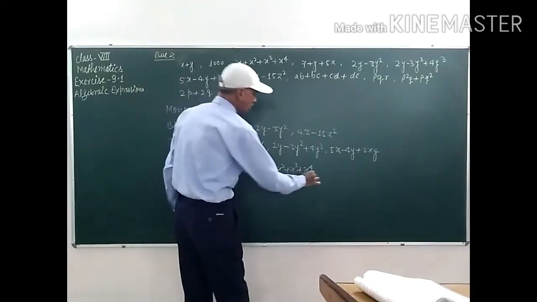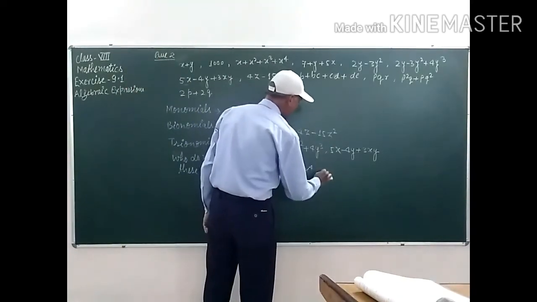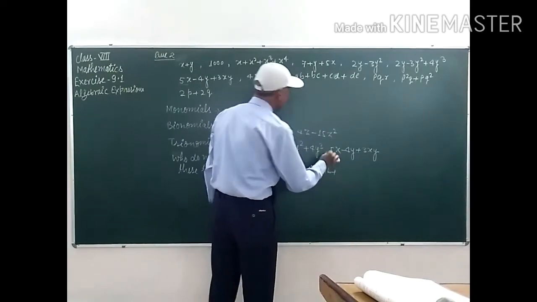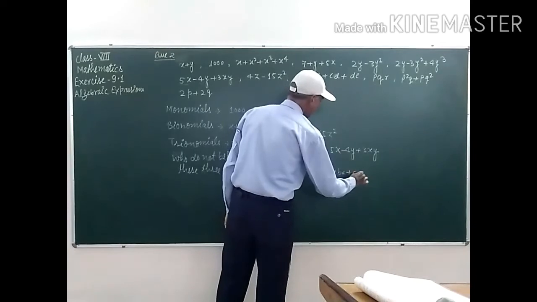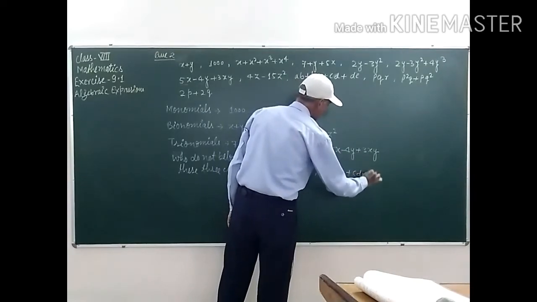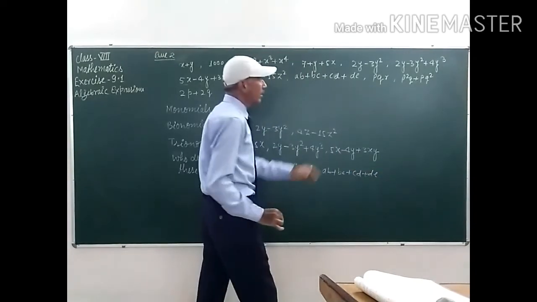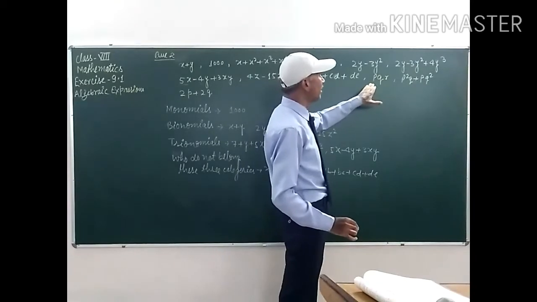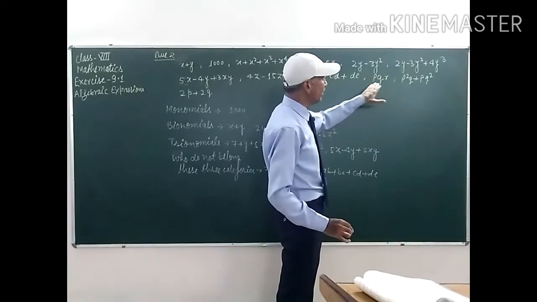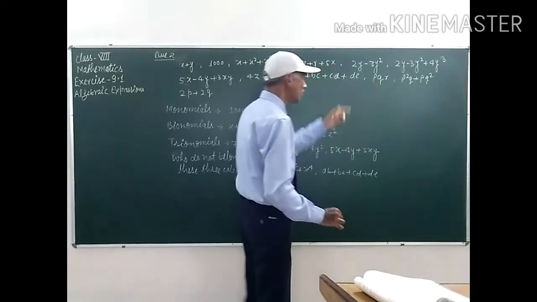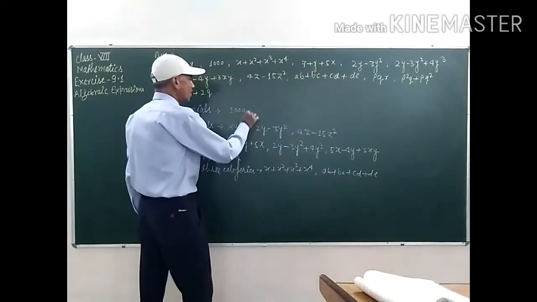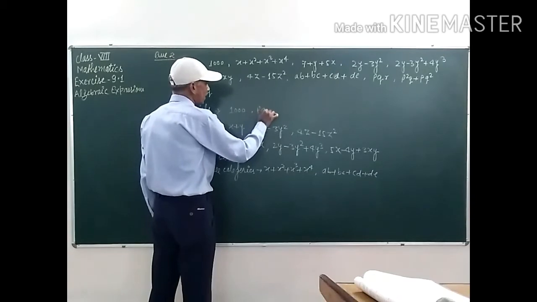Okay, so write here ab plus bc plus cd plus de, and this one pqr. This is a single term here, one term only, pqr, so it is a monomial.